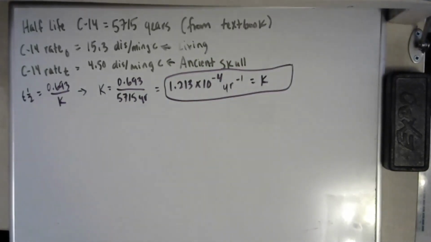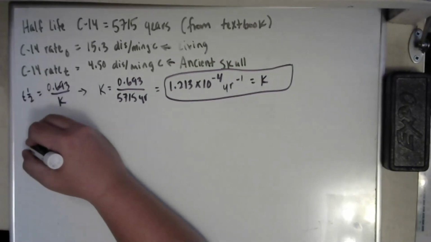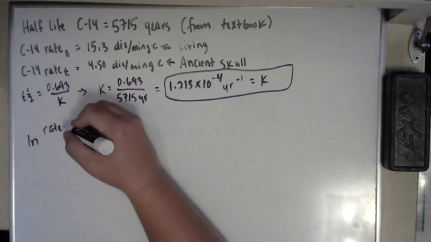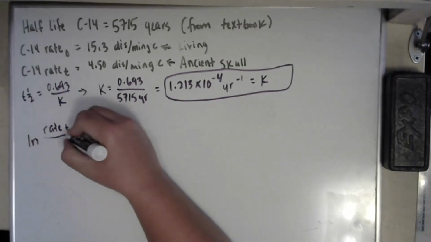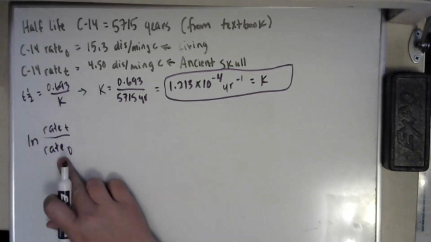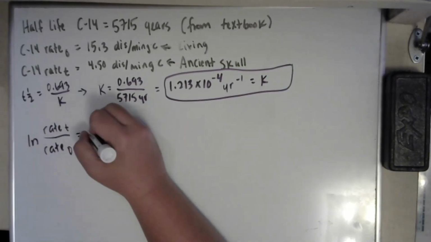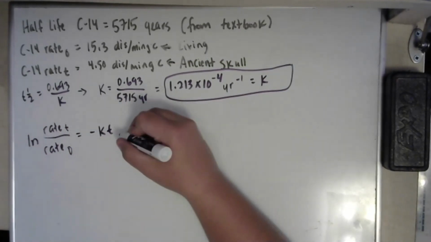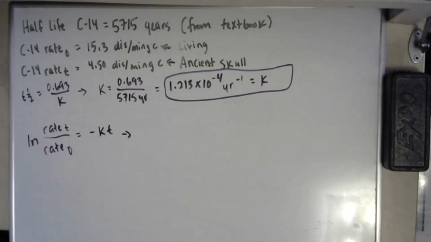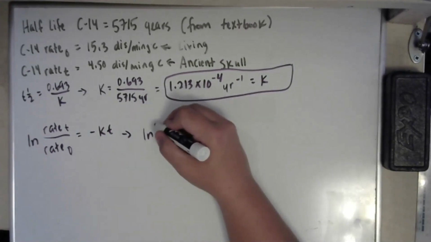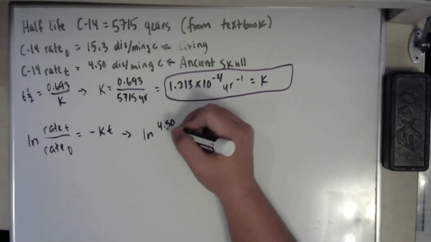All right. Now we're going to look at our integrated rate law. So we have the ln of the rate after some time has passed over the initial rate equals minus kt. And we're going to plug in the info that we know. So the rate after some time has passed is going to be 4.50.